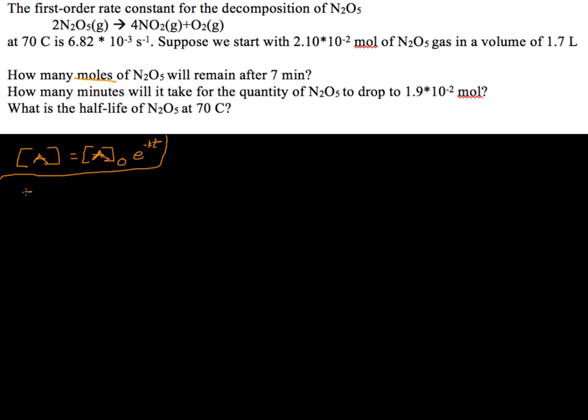So to start out, let's find this initial molar value. So we'll have our initial concentration equals 2.10 times 10 to the negative 2 moles. And we're going to divide that by our volume, which is 1.7 liters. So that's going to give us, let me grab my calculator really quickly.